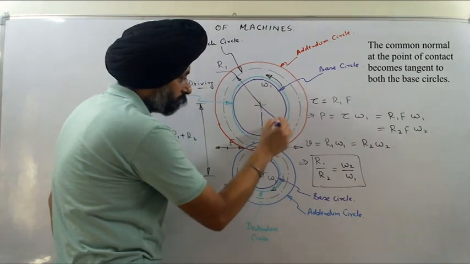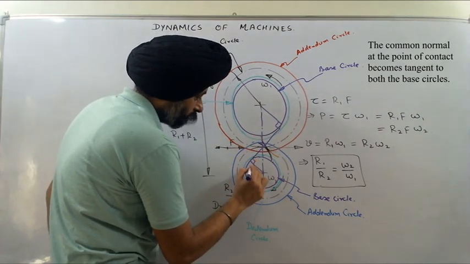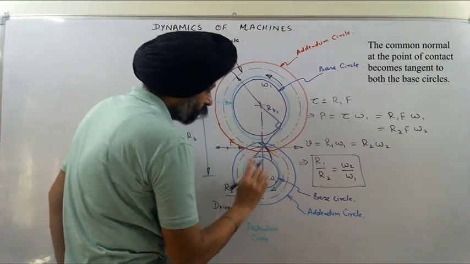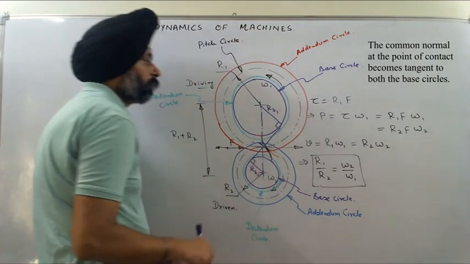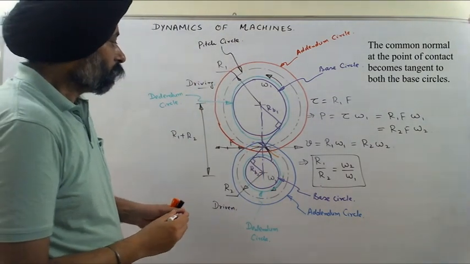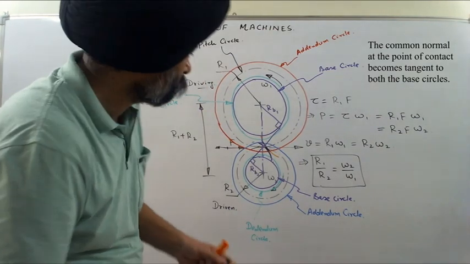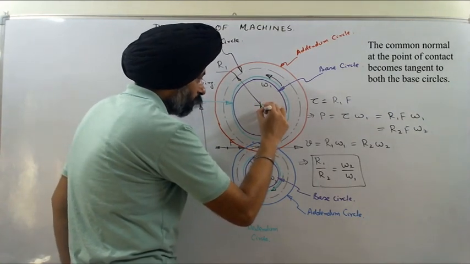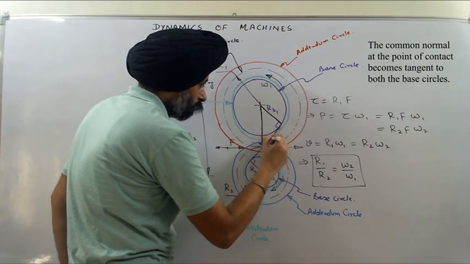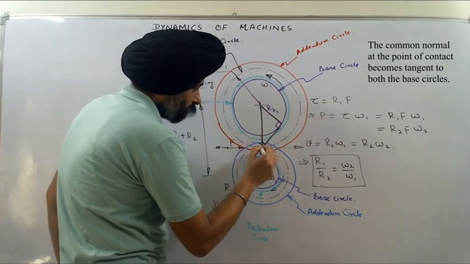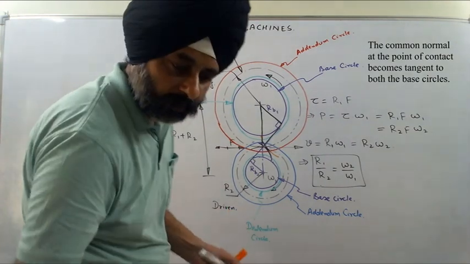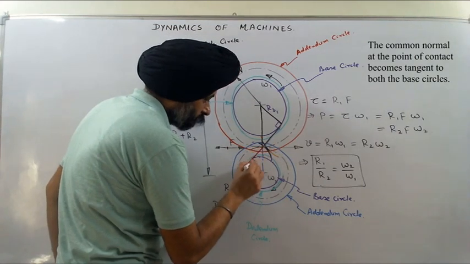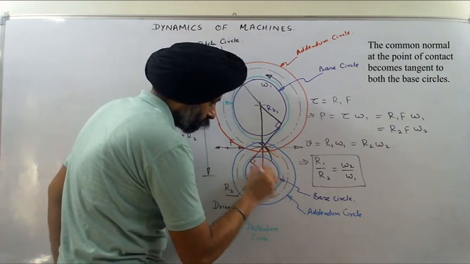This is tangent to the base circle, so these are perpendicular, this is the radial line. So here you have got RB1, this is RB2, radii of the base circles. If you just look at this figure, we have got two triangles. One triangle is this one, and the second triangle is this one.